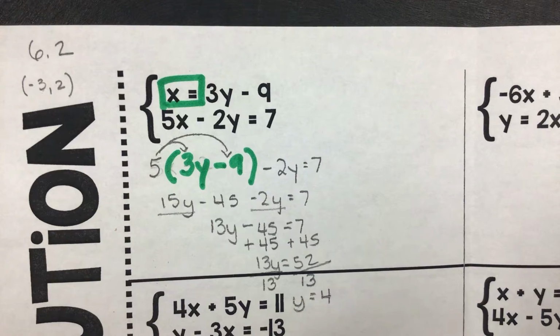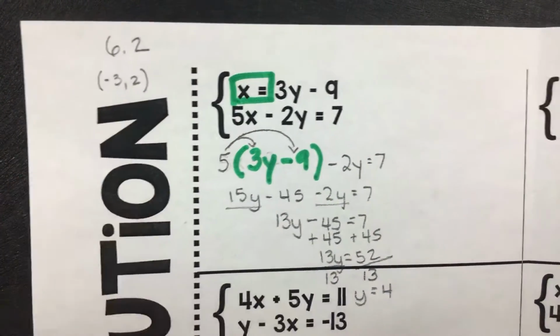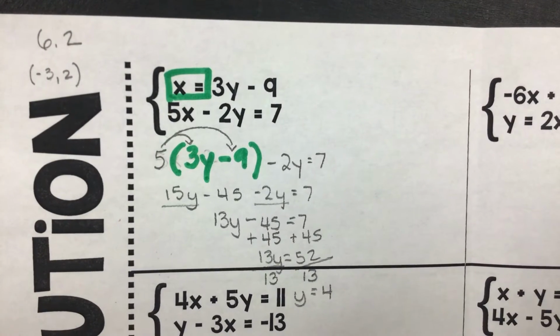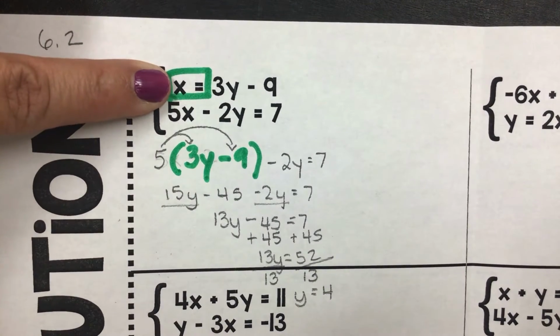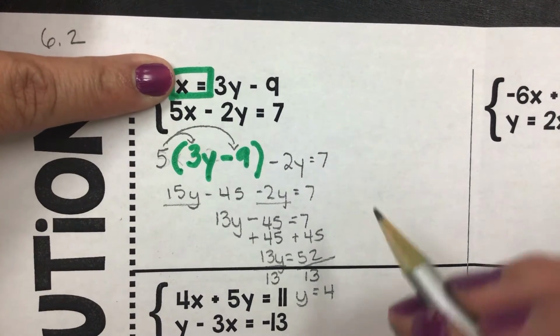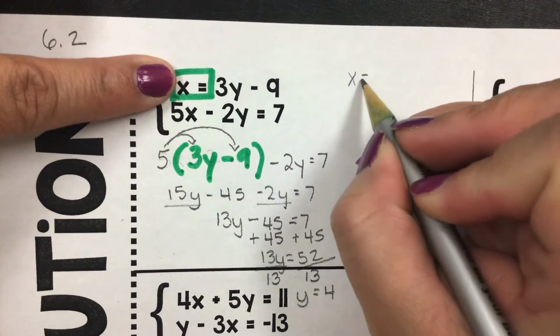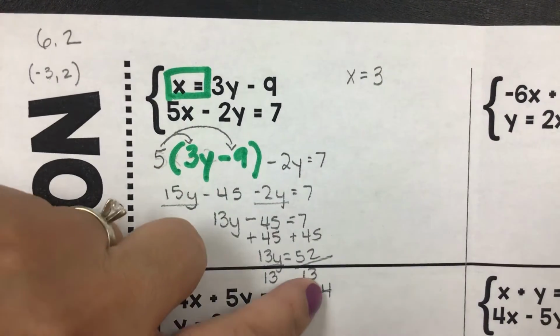But we're not finished there because that is just the y coordinate of our intersection. Now we need the x coordinate. The easiest one to substitute it back into is that first equation because it's already set to x equals. So we're going to write x equals 3, and we have the value of y, which is 4.